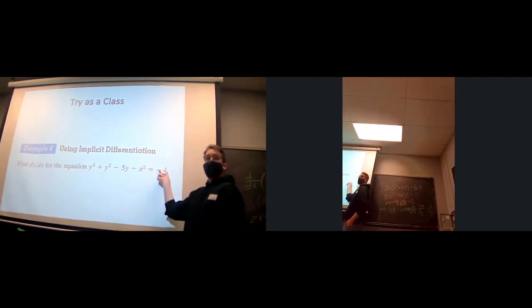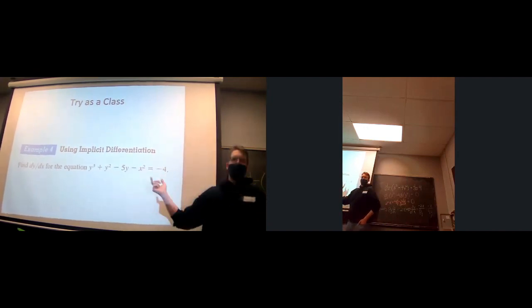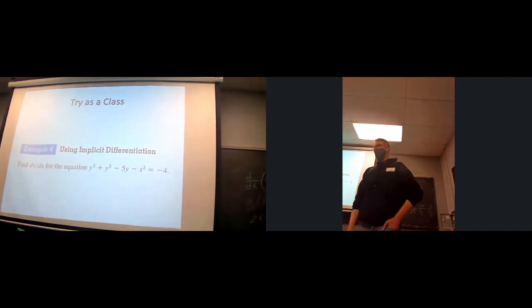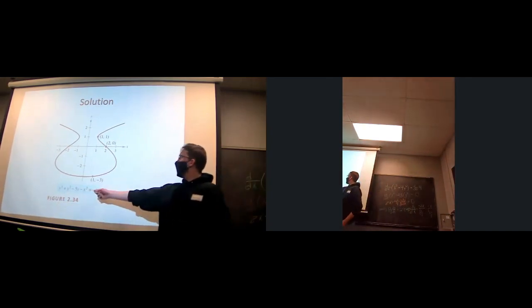Here, you're going to get a 0 in your derivative. So you're going to be able to start solving things this way, right? And what we're looking for is the derivative for this equation. I feel sorry for the computer that had to graph that.